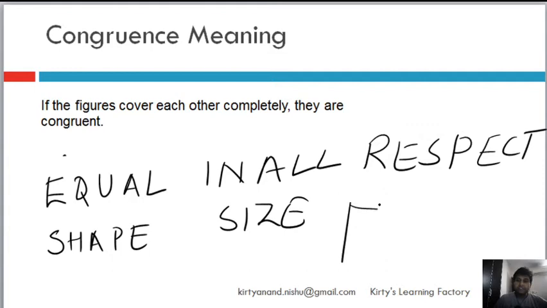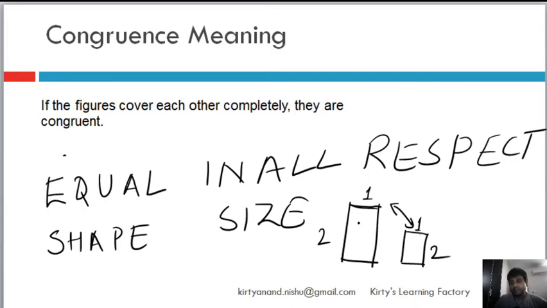So if I take a rectangle like this, and a smaller rectangle in the same ratio, if the length to breadth ratio is 2 by 1 here, and 2 by 1 here, but the size is smaller, then the shape is similar but the size is not. Therefore these two will not be congruent.